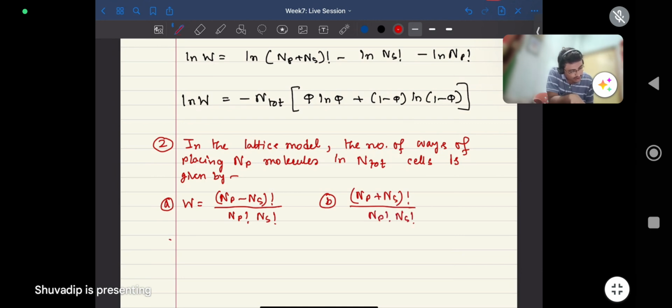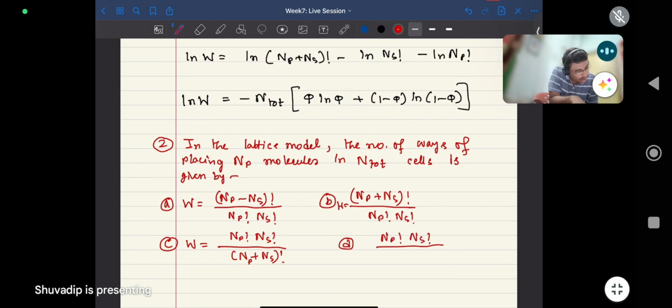Option C: W is equal to Np factorial Ns factorial by Np plus Ns factorial. Option D: Np factorial Ns factorial by Np minus Ns factorial.